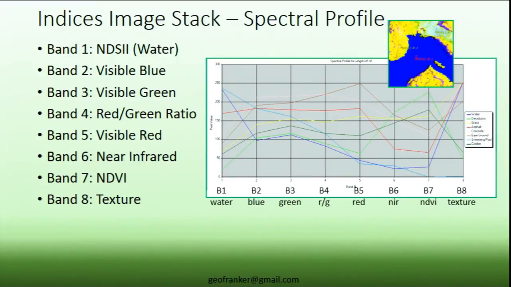The up and down axis are my bands, and the profile is plotted against the different bands. So I click a point in my water, it creates the blue profile. And band 1, it's really high because I'm using the water indices. Band 2, which is my visible blue, is low. And then if we follow it all the way up to the texture, it's really high.